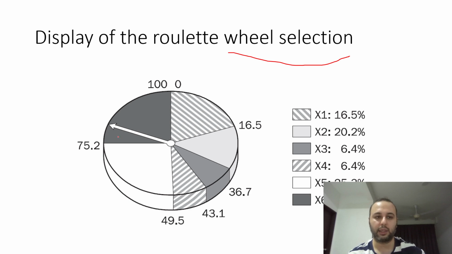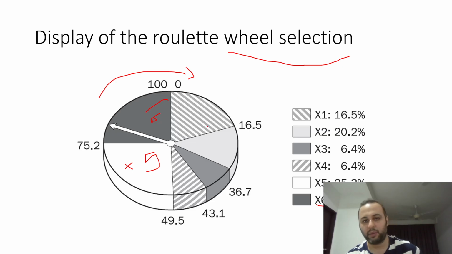So as you can see, for x6 and for this one x5, 6 and 5 have the highest chance to be selected for mating. For example, if this one rotates, maybe once it stops in here, which is for example x1.